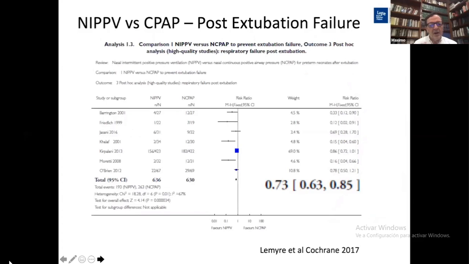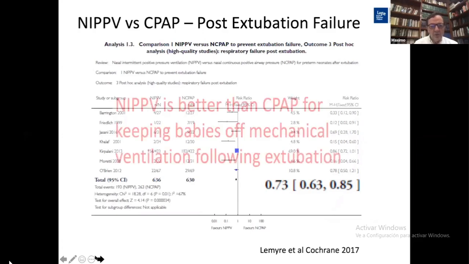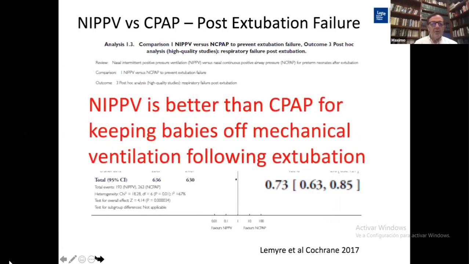And here you see, when we compare especially synchronized nasal intermittent positive pressure ventilation versus CPAP, there are better results in avoiding extubation failure when using NIPPV compared with CPAP. So our conclusion was that NIPPV is better than CPAP for keeping babies off mechanical ventilation following extubation.